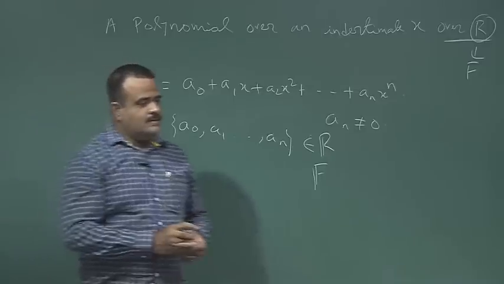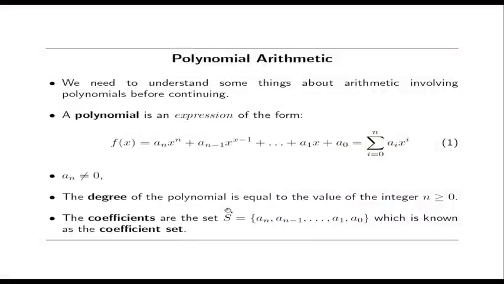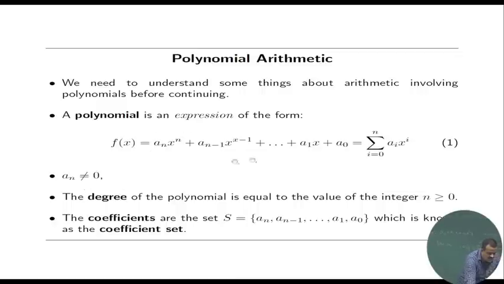Let us go to the slide, please. So this is the expression for the polynomial. Any expression of this type is called a polynomial, where this will be called an n degree polynomial if an is not equal to 0, and a0, a1, a2, up to an are called the coefficient set, or the coefficients of the polynomial.